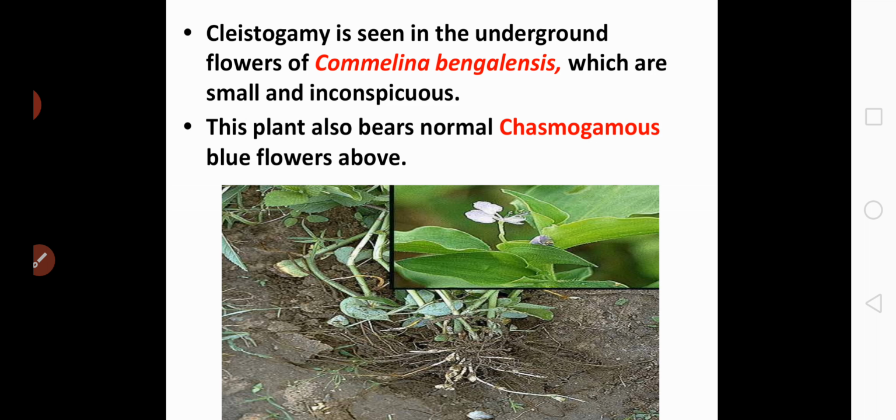So this plant bears both chasmogamous flowers as well as cleistogamous flowers. The chasmogamous flowers are normal, present above the ground level, and blue in color, whereas the cleistogamous flowers are underground and smaller in size.